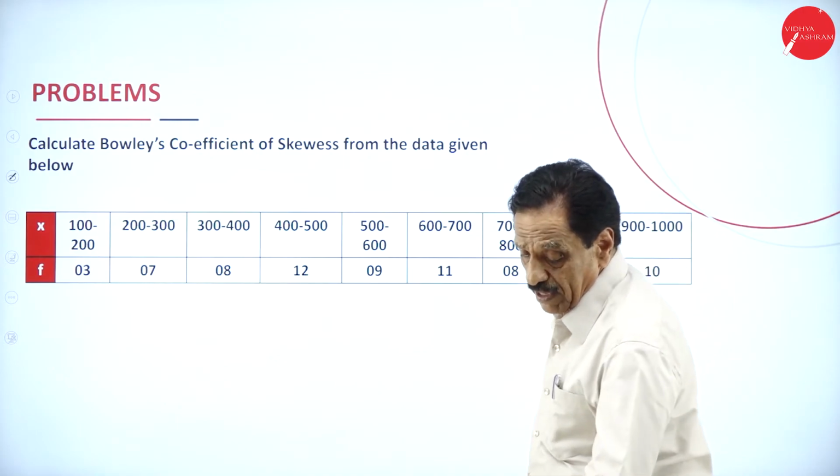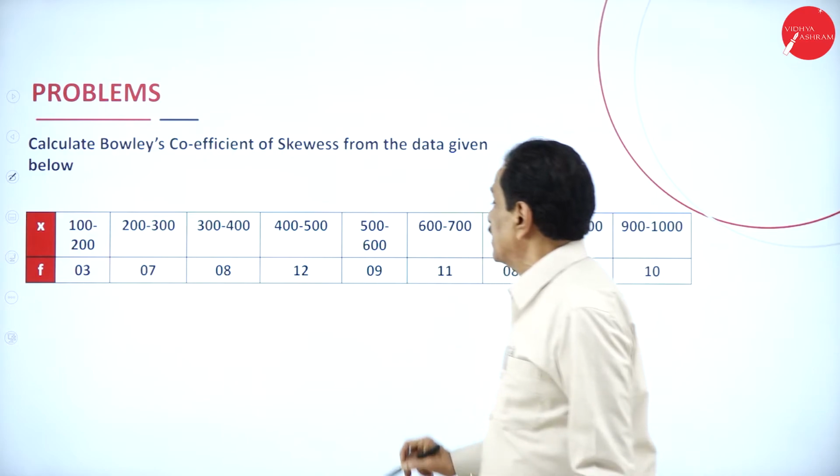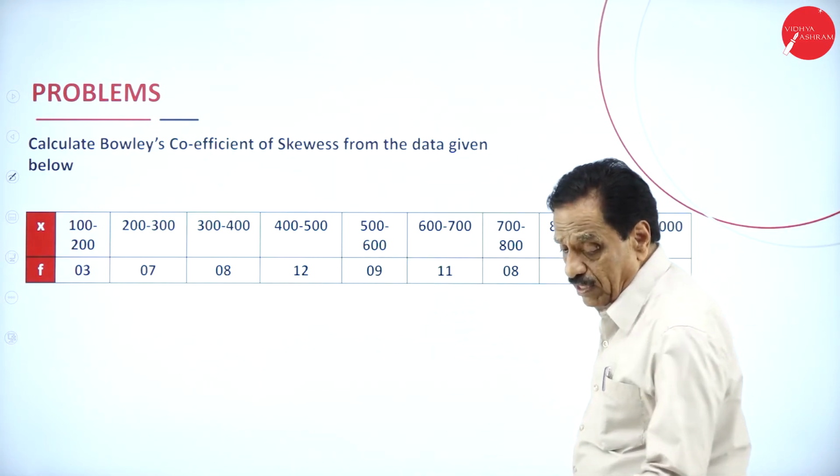So here the classes are 100 to 200, 200 to 300, 300 to 400, and the last one is 900 to 1000.